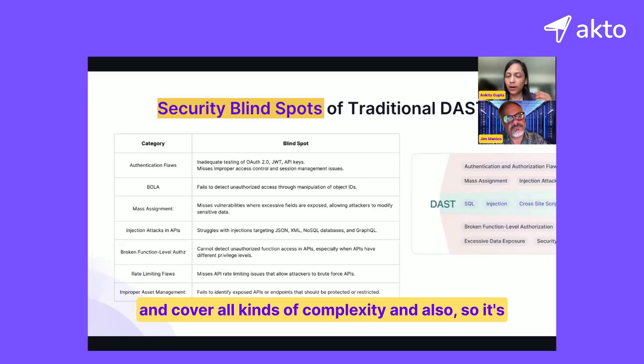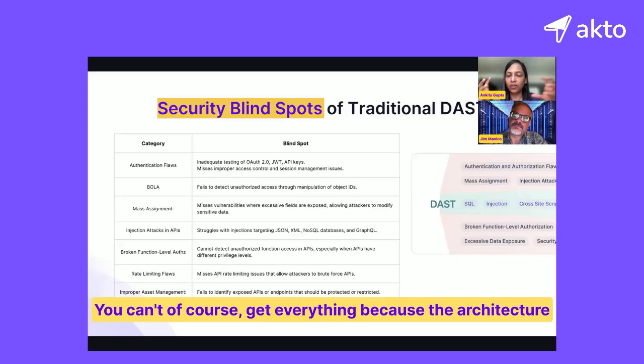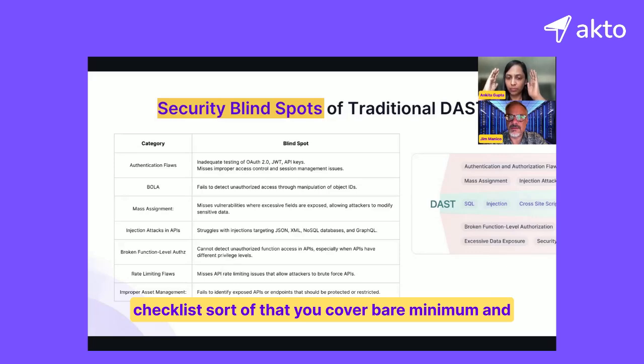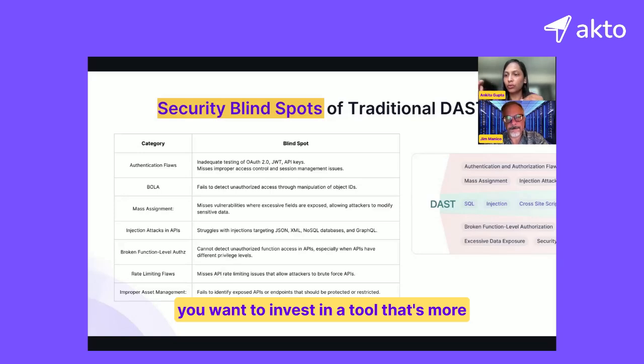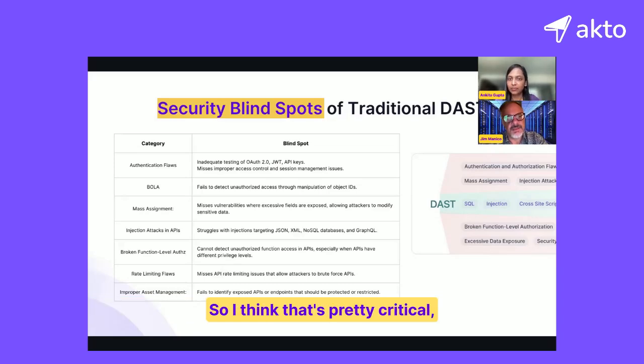So what you want to do as a buyer or as somebody who's evaluating AppSec tools is, you can't, of course, get everything because the architecture is becoming complex, but you want to have a checklist that covers the bare minimum. And you want to invest in a tool that's more futuristic, that has the potential to cover those complexities. So I think that's pretty critical, and it's a very good point.